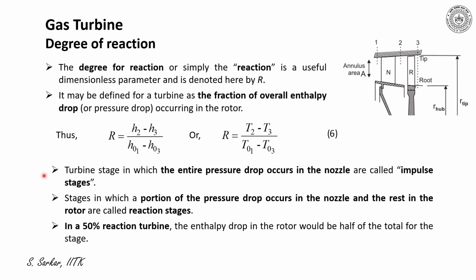Further, a turbine stage in which the entire pressure drop occurs in the nozzle is called an impulse stage. Thus, here I have defined the impulse stage and the reaction stage. Please note that in an impulse stage, the total pressure drop will occur in the nozzle and there will be no pressure drop in the rotor.